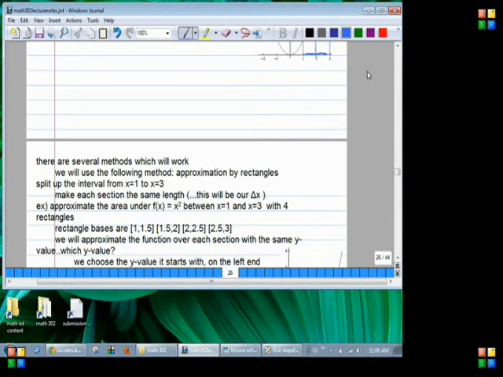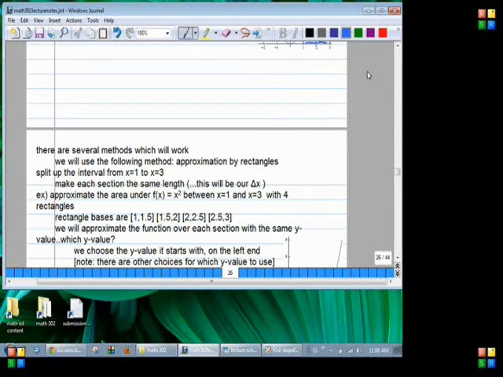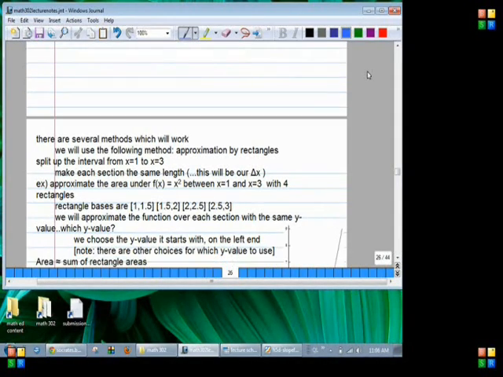For our purposes, I'm always going to choose the y value that's on the left end. Now, as we just indicated, you could use a different y value, the y value on the right, something else. For our purposes, we're just going to always choose the one on the left. So the area is approximately the sum of the rectangle areas. So let's figure out what those rectangle areas are.